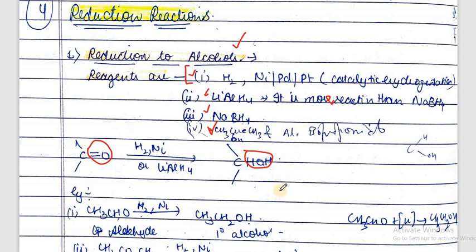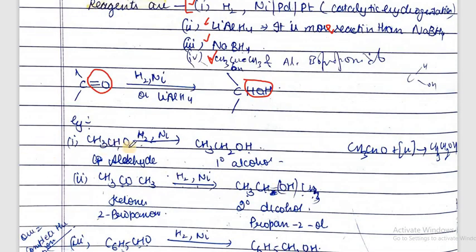So if we take a particular example, CH3CHO treated with hydrogen in the presence of nickel, here the C=O group is present, and this gets reduced to CHOH, and with one hydrogen already present, it is CH3CH2OH, that is alcohol. So aldehydes give primary alcohols and ketones give secondary alcohols.